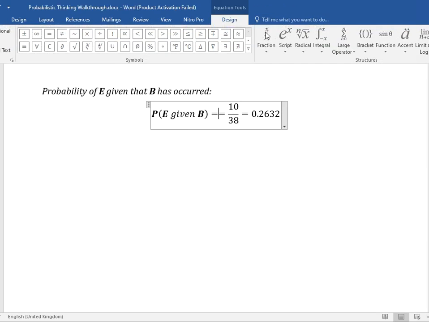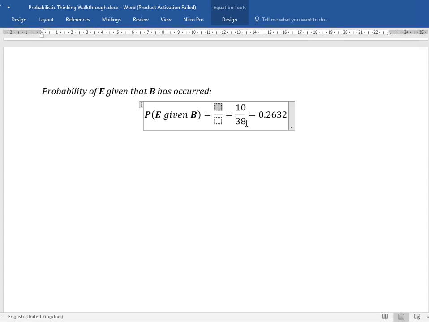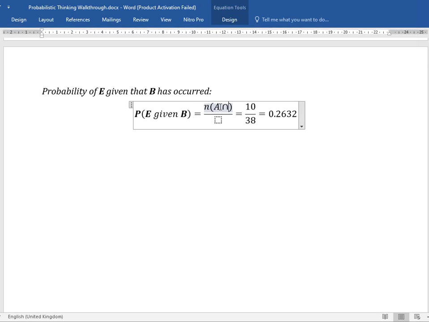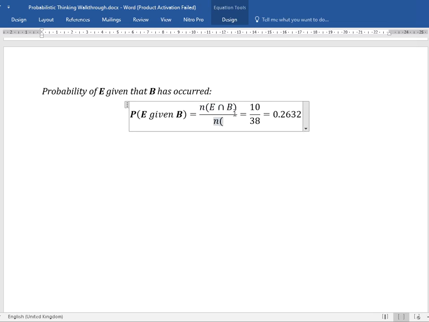we need another fraction here. It's going to be equal to the number of elements in A intersect B. That is, we are looking for A and B. Okay, not A and B. Let me use E and B. Sorry. That is intersection of the event E, or the outcomes in E and outcomes in B. So E and B divided by the number of outcomes in what?